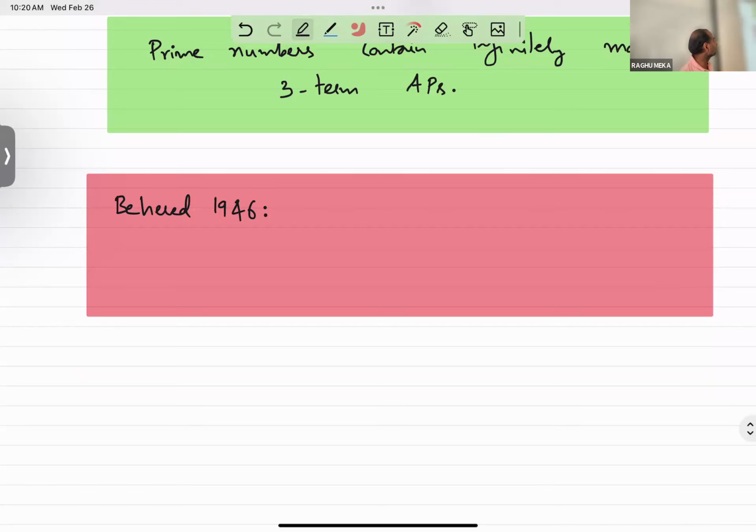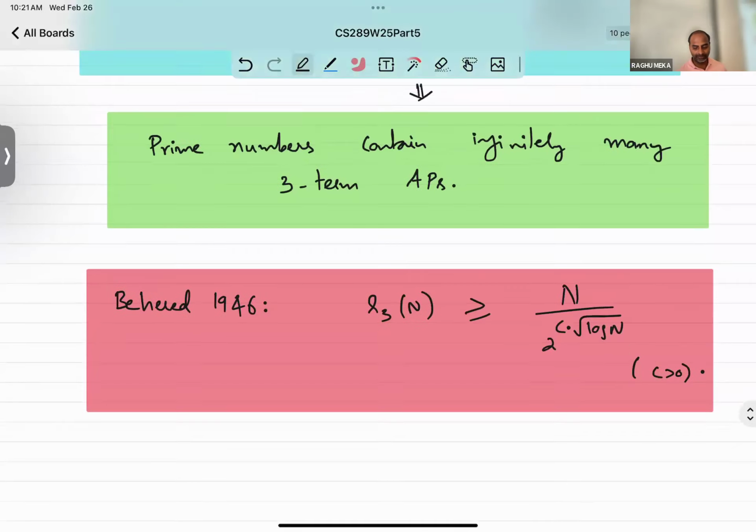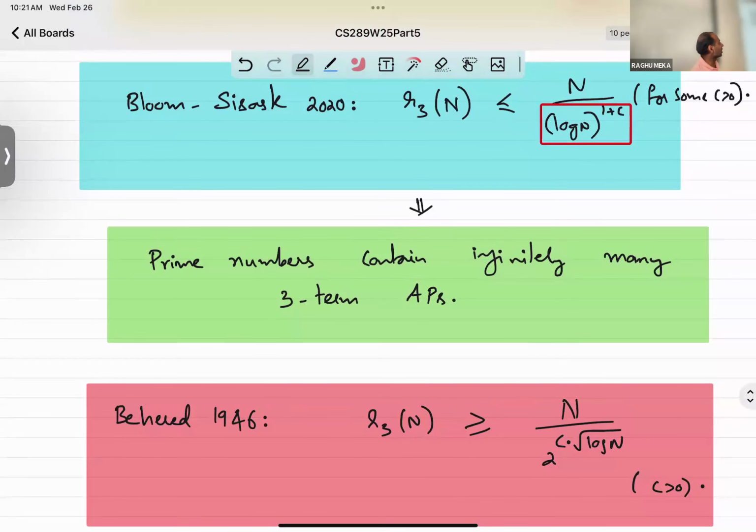Behrend in 1946 showed that r_3(N) is at least N over 2 to the c times square root of log N. Again, always compare in terms of the deficit, capital N. So now we know that sets with density roughly 1 over log n or 1 over log n to the 1.01 must contain a 3AP.